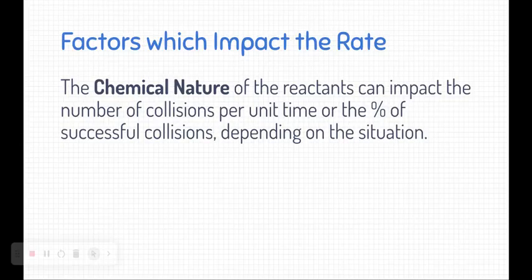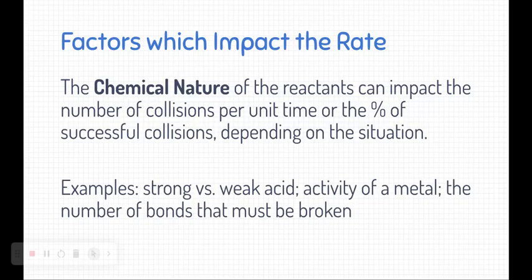The final factor which impacts the rate of reaction is something we refer to as the chemical nature of the reactants. This factor can impact the number of collisions per unit time or the percentage of successful collisions, and it depends on the situation. When we're talking about the chemical nature, we're talking about having the same type of reaction, say a reaction that involves an acid, but we change the specific acid involved, because by changing the specific acid involved, that will increase or decrease the rate.